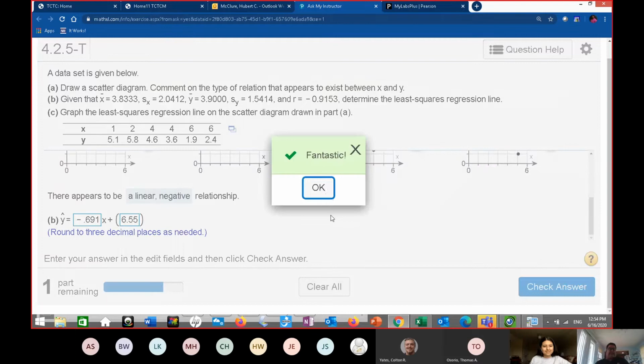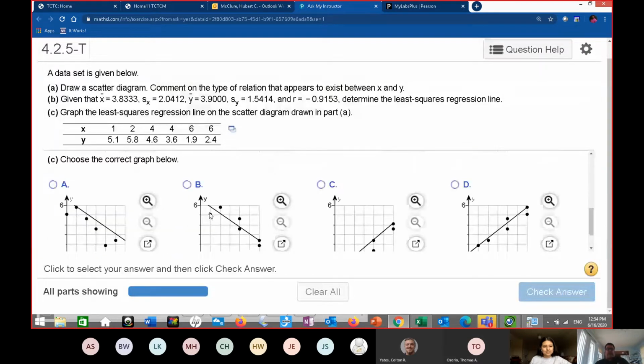Fantastic. And then which one is it? It's the one that splits the two and hits the third dot.